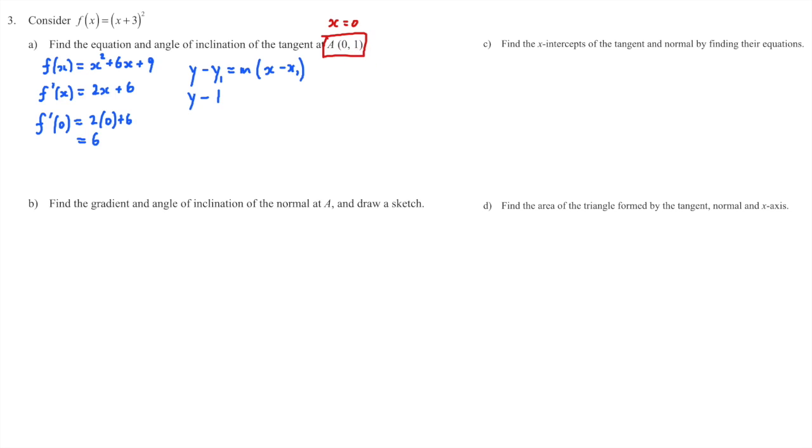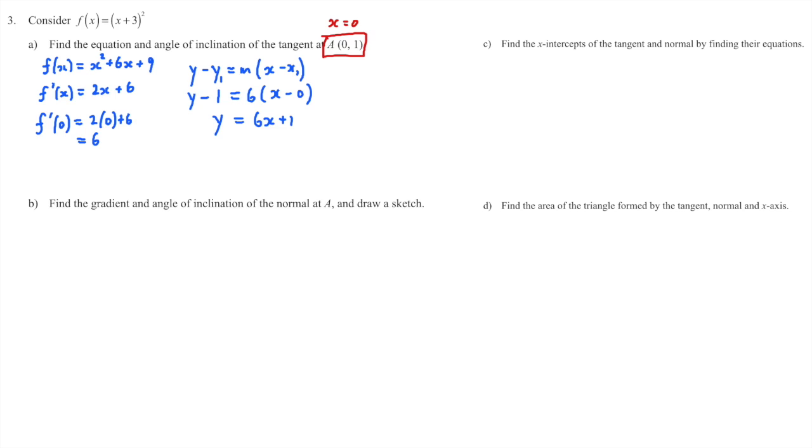So y take 1 equals the gradient, which is 6, bracket x take 0, because x1 is 0. And if I expand the right hand side out, I just get 6x. I'll move the plus 1 across. That is the equation of my tangent. Or I could write it as 6x take y plus 1 equals 0 if I wanted it in general form. So that's the equation of the tangent at 0, 1. Also wants the angle of inclination.